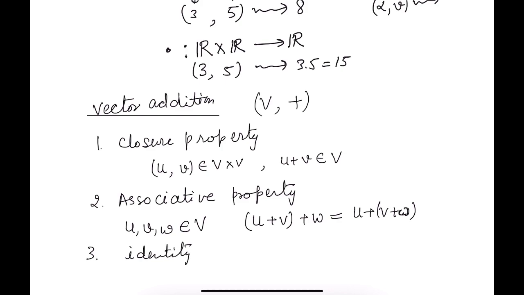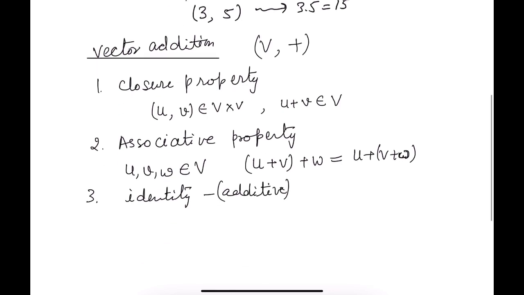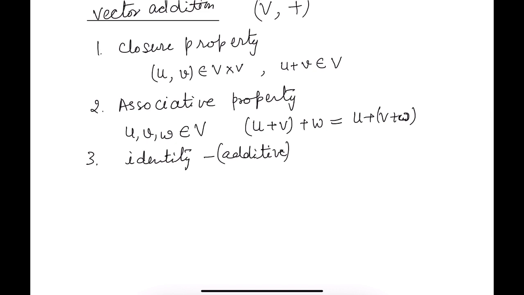This identity is called the additive identity, because the operation is addition. How does this identity work? If u belongs to v, then there exists an element e such that u plus e is equal to e plus u.